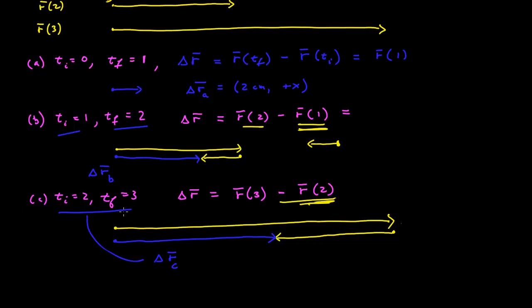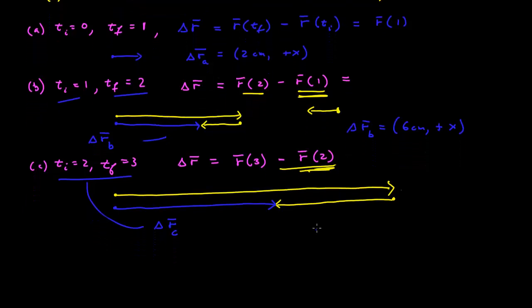Okay, so the other thing we can do is since this is all in one dimension, we can come up with what these vectors are. Here at b, the first vector went 8 centimeters in the positive x, and then went 2 centimeters in the negative x, so we know that this resulting vector is 6 centimeters, and from looking at it graphically, it points in the positive x direction.